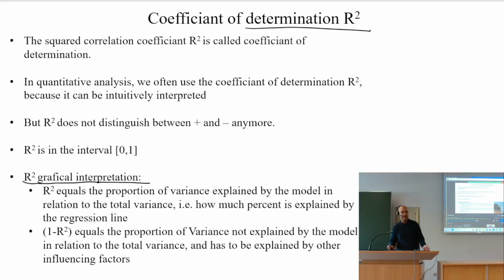And from this graphical interpretation, we can then say that the number we obtain for the squared correlation coefficient, if this number is, for example, 0.78, means that the linear dependence of these two data points is explained by this linear regression line with 78%.